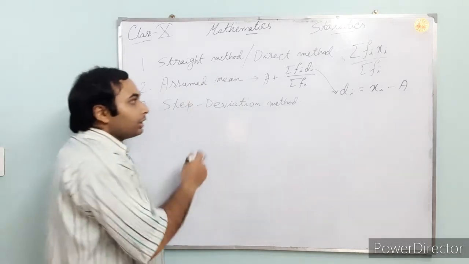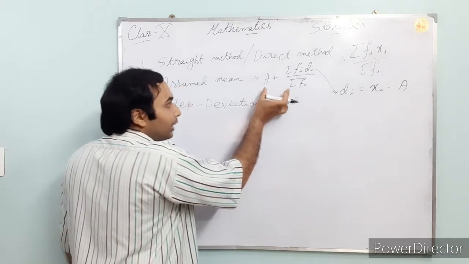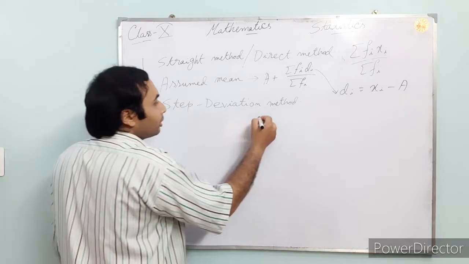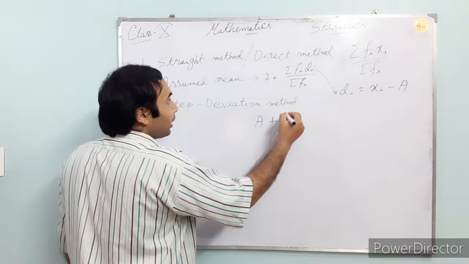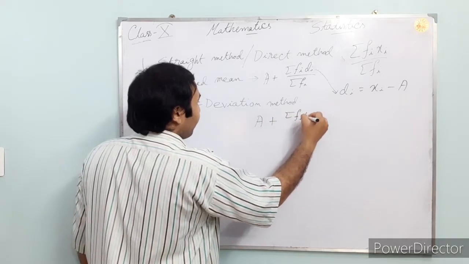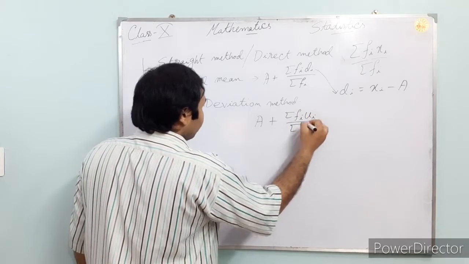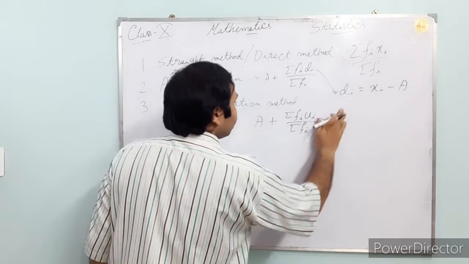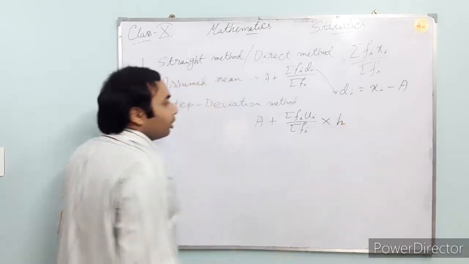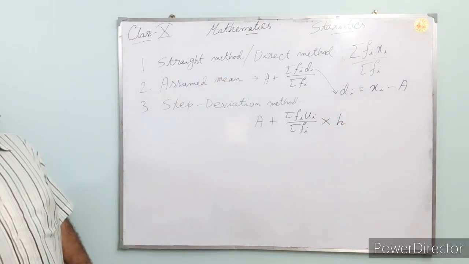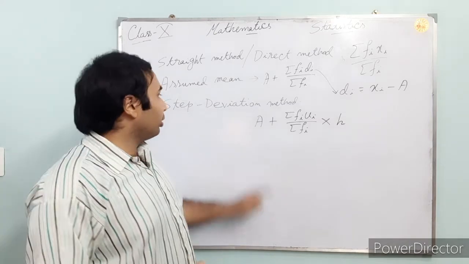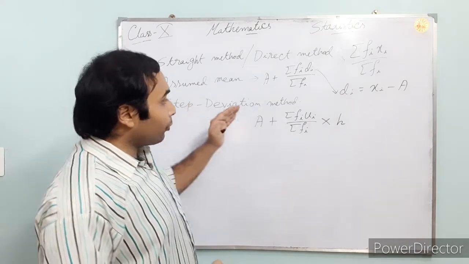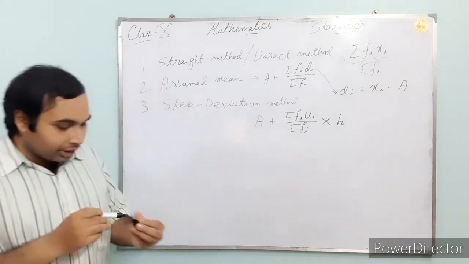In the step deviation method, which is quite similar to the assumed mean method, the formula is a plus summation fi ui by summation fi, into h. This is the formula for finding the mean in the step deviation method.